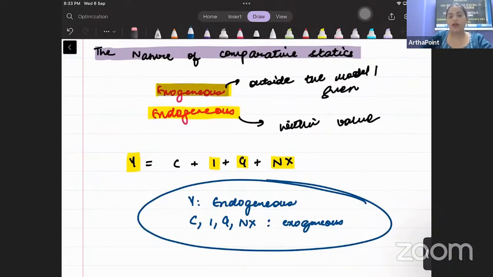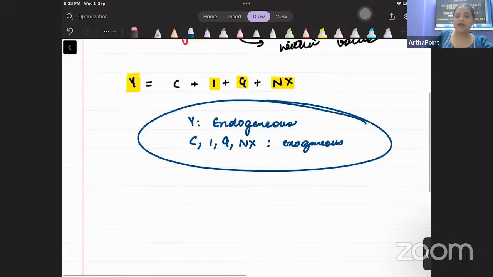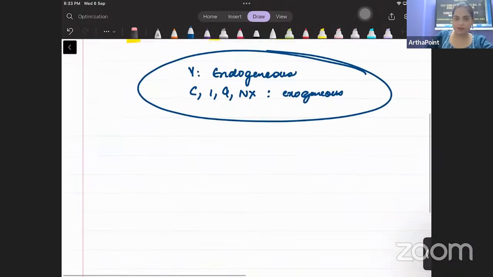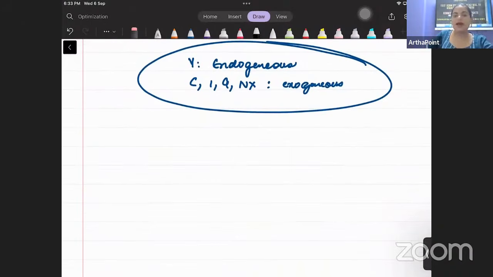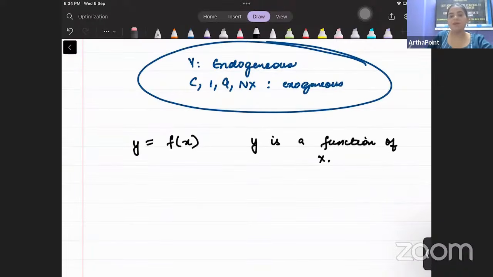Now, if I write an equation, just for example, Y is f of x. What does this mean? It means Y is a function of x. Y is a function of x, right?